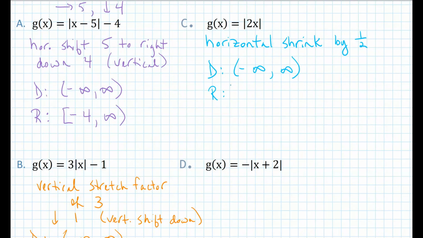We took a parent function that has a vertex at 0, 0, and we shrank it. The origin hasn't moved. So it's 0 to infinity. Wait, what was the range for B? For B, negative 1 to infinity.